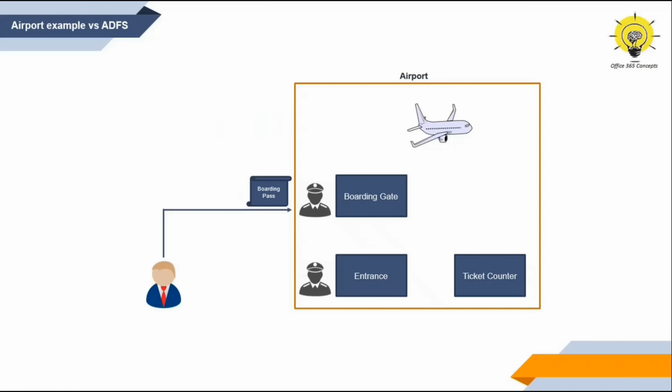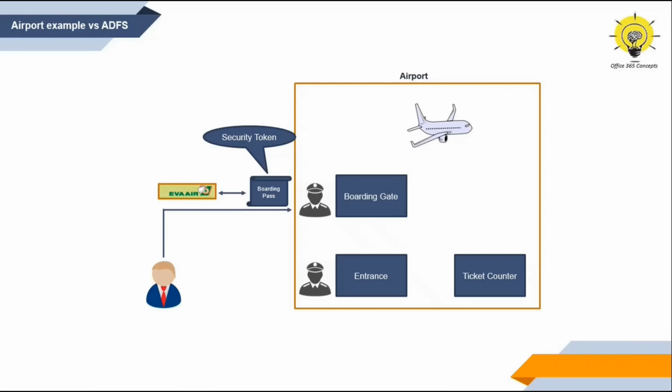Now, if we compare this example with ADFS, the bundle of information, or the boarding pass, is called a security token in ADFS. Each security token is signed by the issuer who created it. Any claims-based application will consider a user to be authenticated if he presents a valid and signed token that is issued by a trusted issuer.